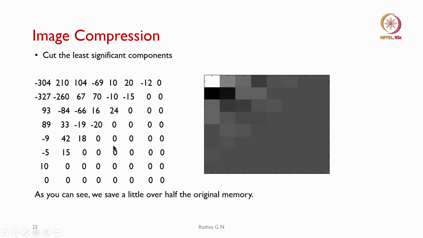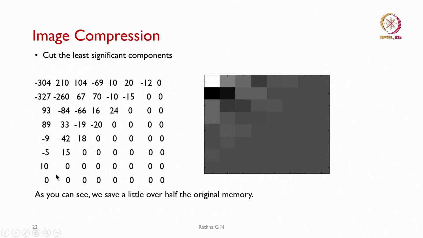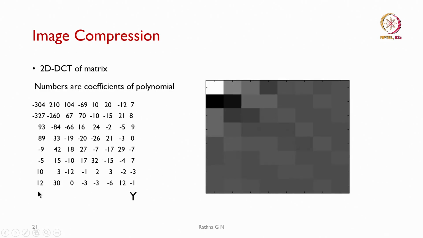What is the threshold? You can put it here, as you can see the values less than it, arbitrarily chosen. Here I have a 12 and a 30, so some of them are getting eliminated.